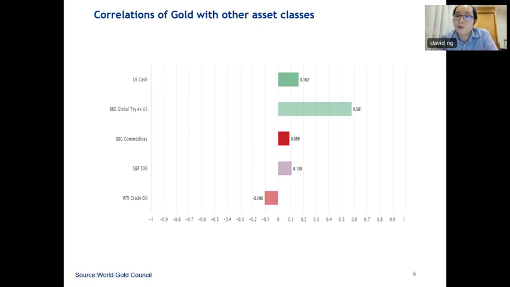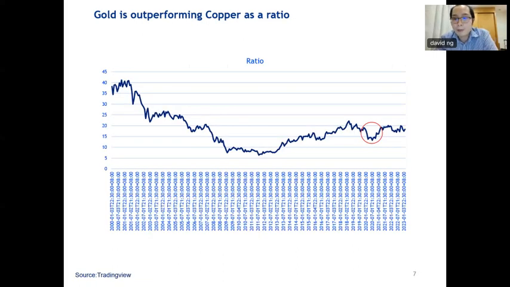Now, I just want to share this chart, basically comparing gold prices and copper prices as a ratio. The reason I want to indicate this ratio is that every time the ratio declines, it tells a big picture. It means copper is underperforming. Copper is an industrial metal, and everyone knows the world needs a lot of copper.